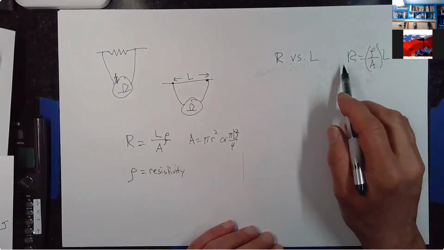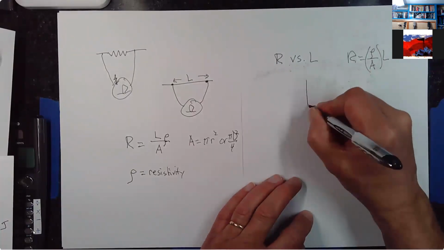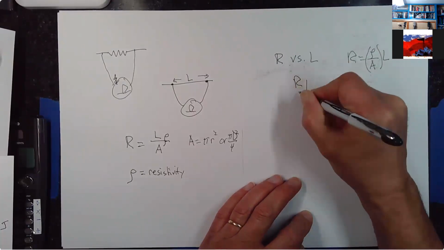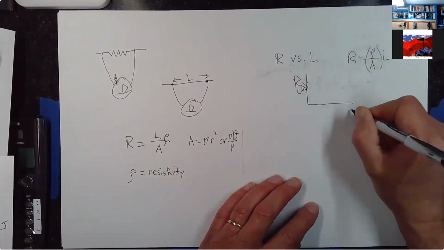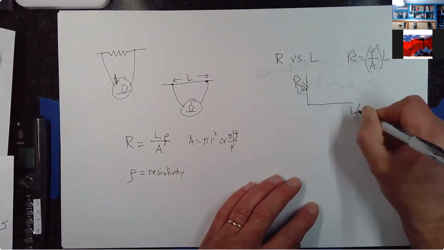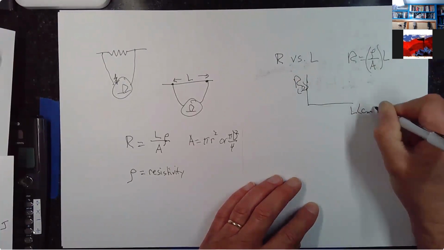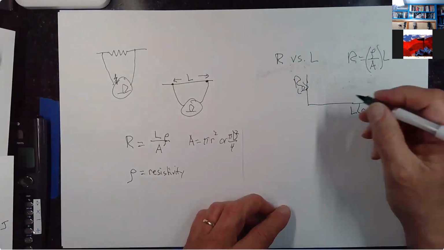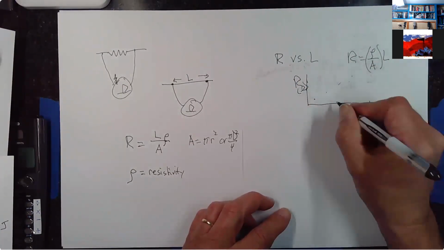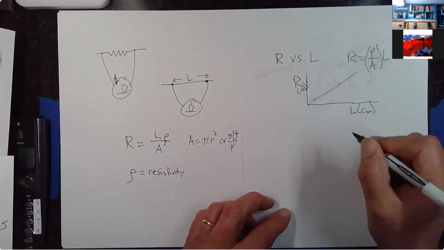If you graph resistance versus length, so R in ohms on the vertical axis and length, probably in centimeters, which would be convenient for this lab, on the horizontal axis, you'll get a bunch of data points that are probably pretty well linear.